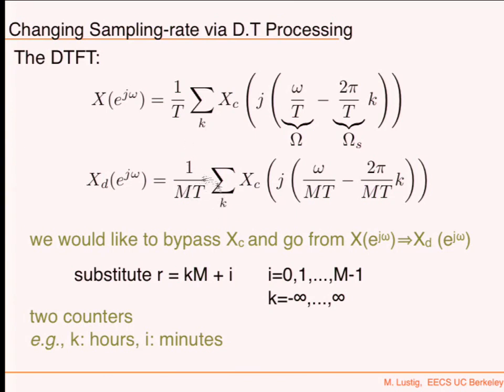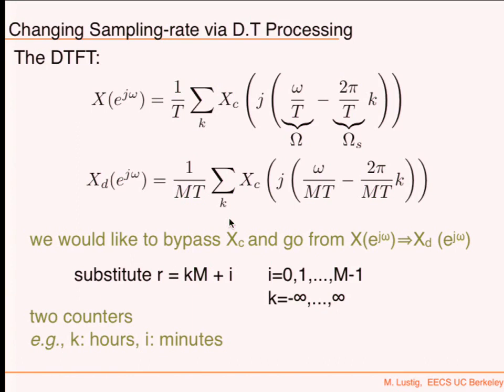Well, it's not really a typo, but you see this counter that goes from minus infinity to infinity? I can count differently. You can count from minus infinity to infinity going 1, 2, 3, 4, 5 with one counter, or with two counters.